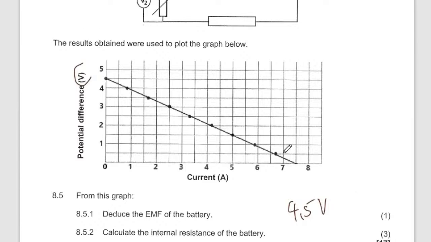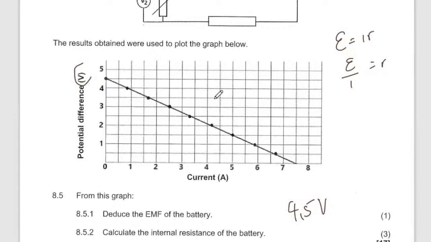The gradient, because if this is E, the potential difference over the current, the EMF over the current, we end up with resistance.